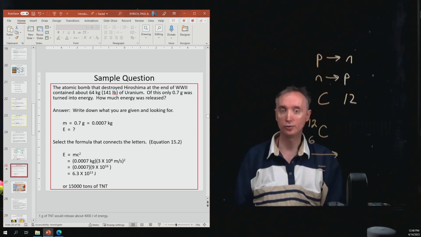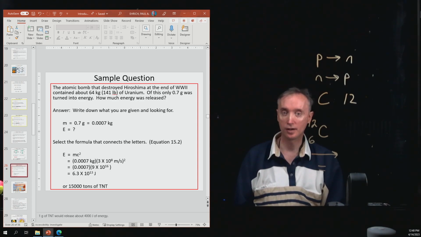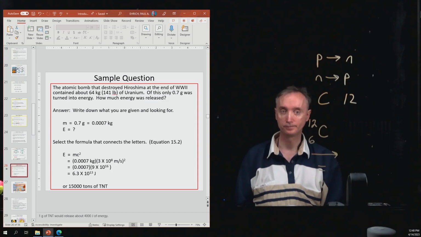Then you can put it into the formula, and notice it's E equals mc squared. c is the speed of light, which I would give you on the exam. You have to square it, and then take that number and multiply it by the mass, and that's going to be the energy that's released. Don't forget to put the J on the end of it. That's the official metric unit for energy.